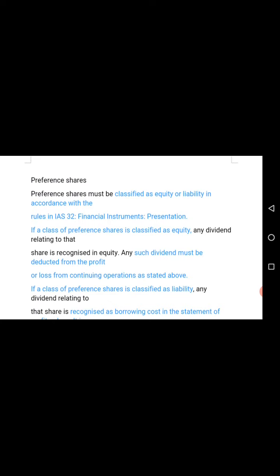Now, when the preference share is treated as an equity in line with IAS 32, you should deduct the dividend from profit or loss from continuing operations as stated above.